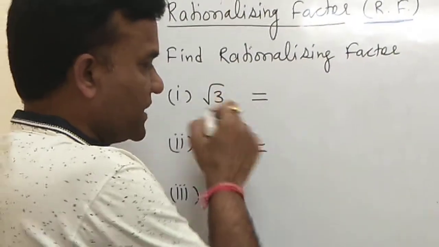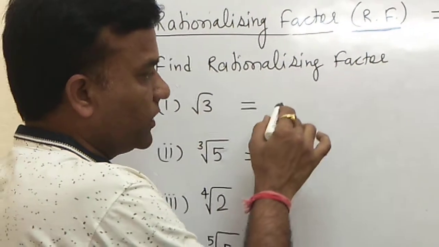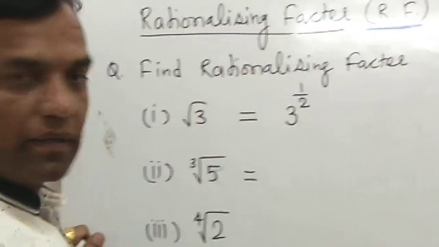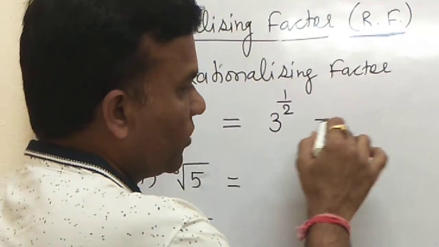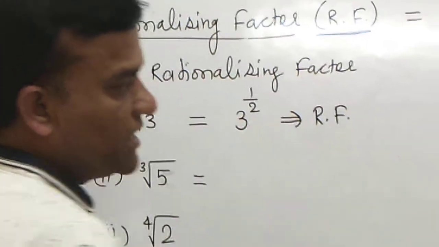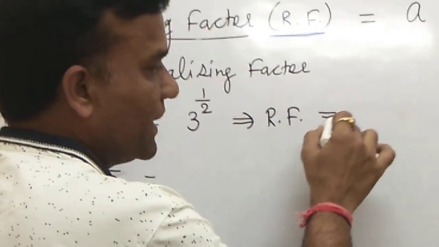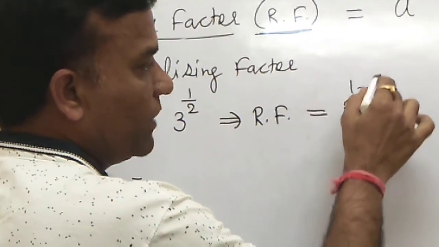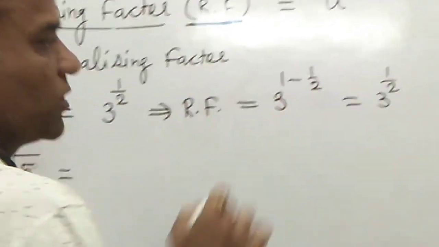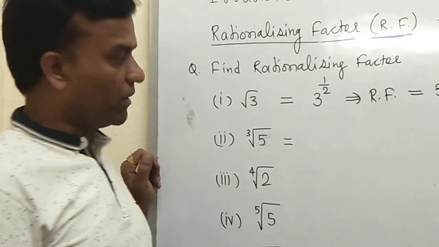Root 3 is the symbolic form. Now you convert into exponential form, so 3 to the power 1 by 2. To find the RF, the rationalizing factor is 3 to the power 1 minus 1 by 2, so again 3 to the power 1 by 2. There is no change, because 1 minus 1 by 2 is again 1 by 2.